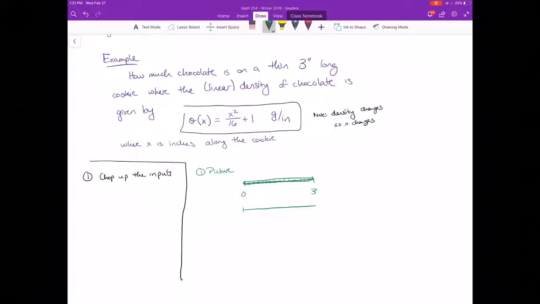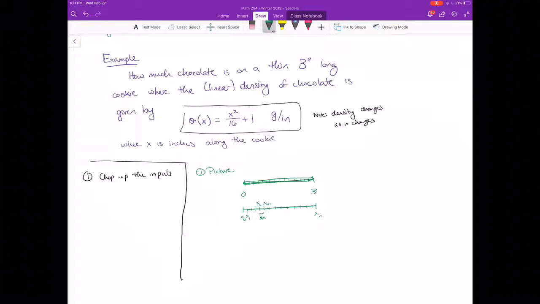And if you remember doing this in 252, you wound up labeling things like x0 here and x1 was a little past x0, and you'd call a little subinterval delta x. You know, maybe you were in the middle, x sub i and x sub i plus 1.